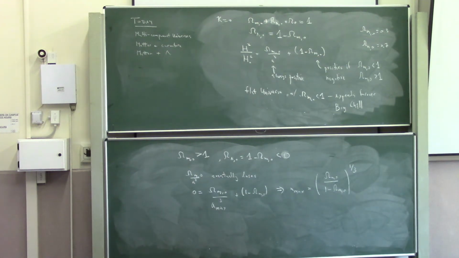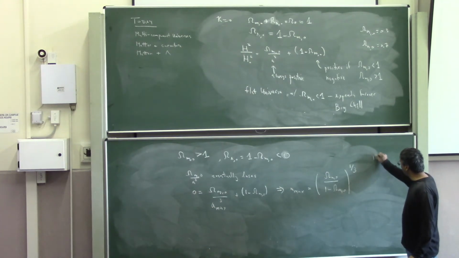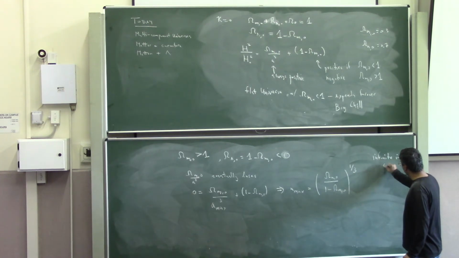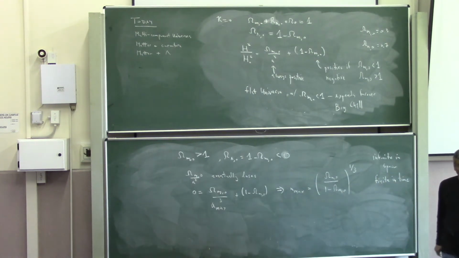So this universe is infinite in spatial extent because the sections are flat, but it's finite in time. It's an infinite universe in space, and it's finite in time. It's eventually able to crunch.